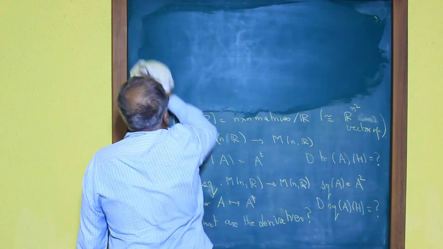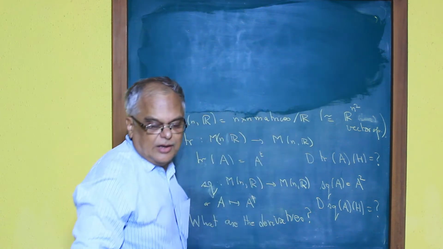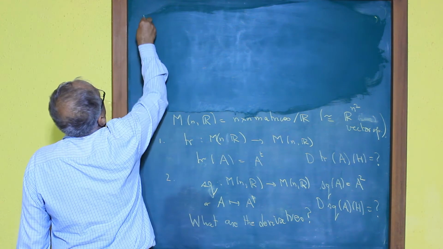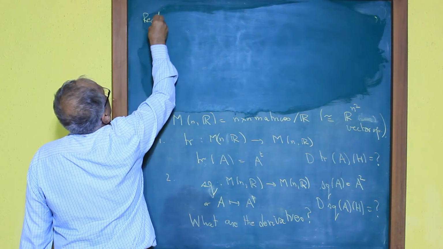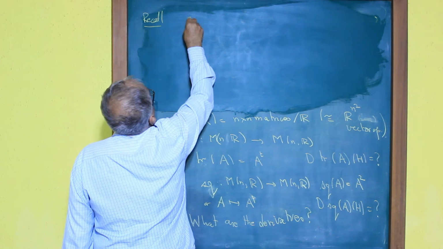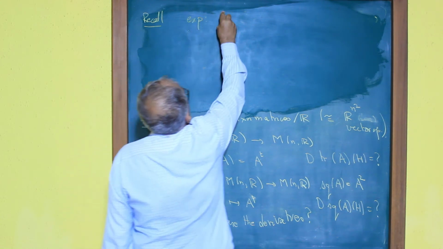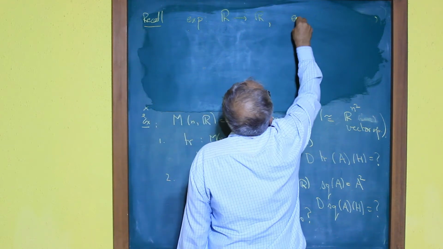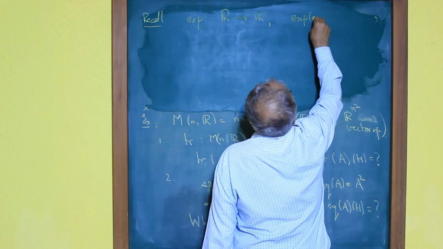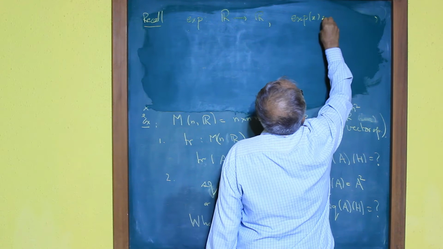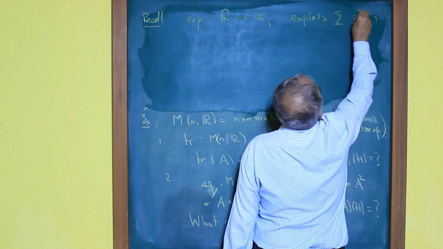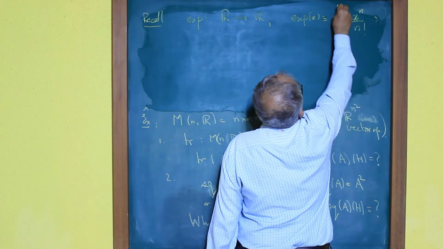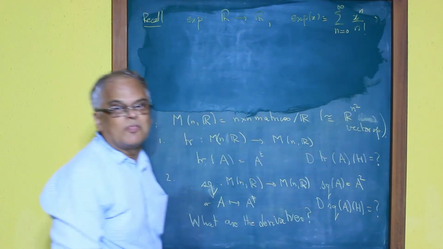So, the exponential is a map from R to R, and the exponential of x is equal to the summation of x to the n over n factorial, n equal to 0 to infinity.